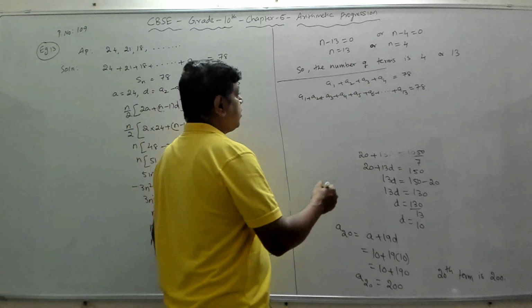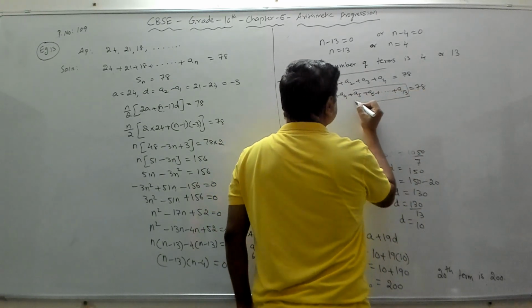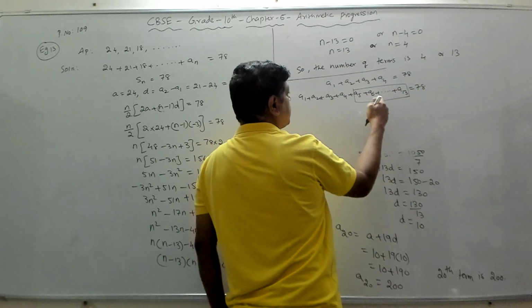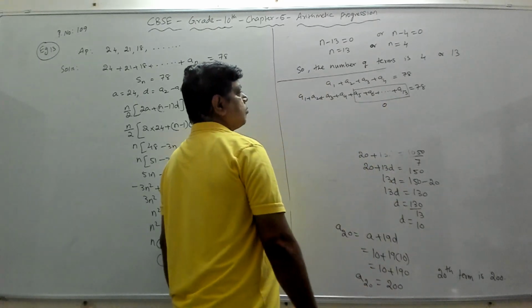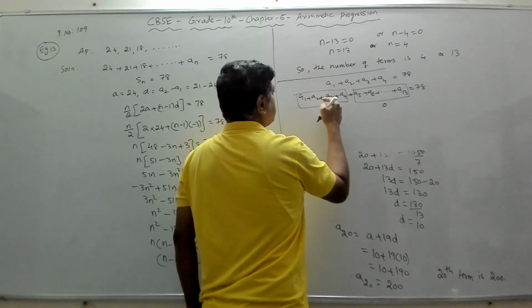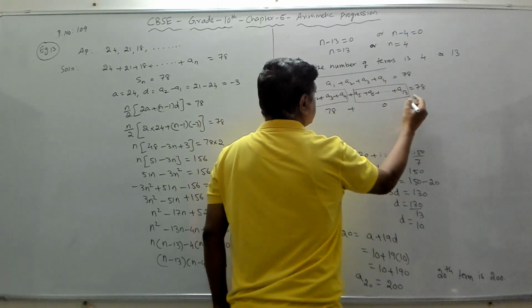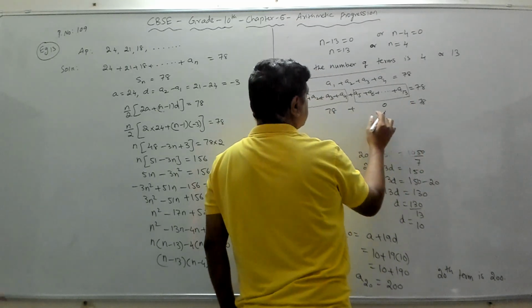So which means the sum of term 5 to term 13 should be 0. Only then you can get 78, because sum of these is 78 plus sum of this, that gives you 78 means what? This we don't know.